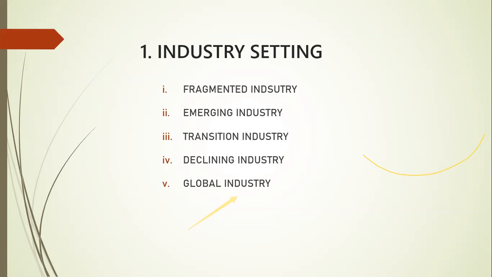And the next one, the fourth one, is the declining industry. Those products which are slowly becoming obsolete. Obsolete means outdated, right? So those industries which are becoming outdated or obsolete come under declining industry.